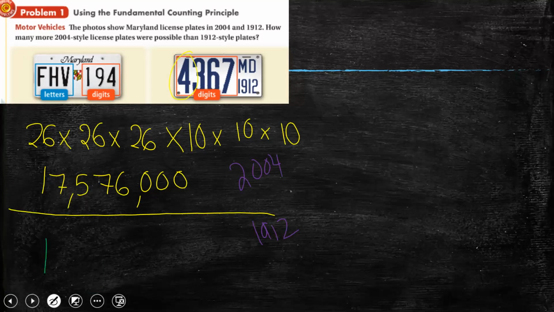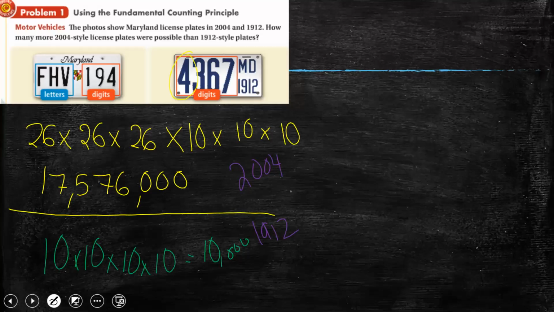So that is 10,000. So in 2004, I have 17 million and a half, we can say, ways to write the plates. For 1912, I have 10,000 ways.